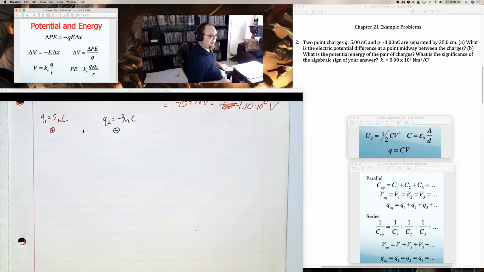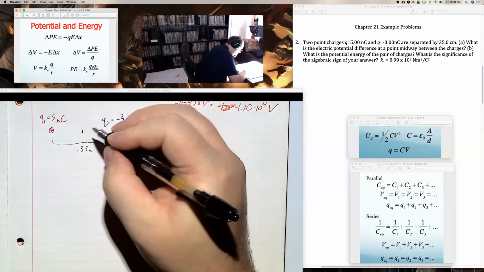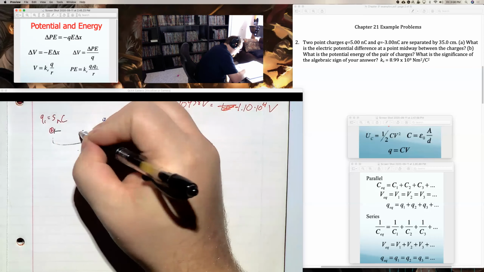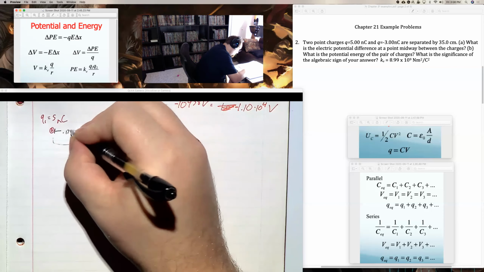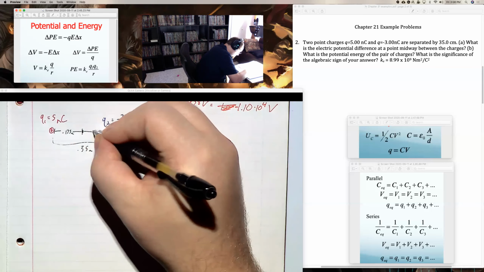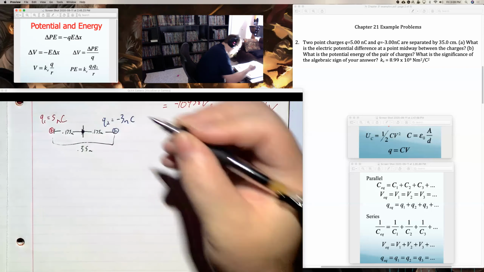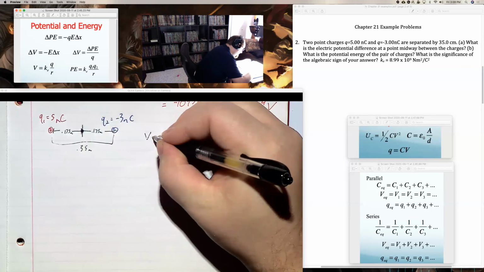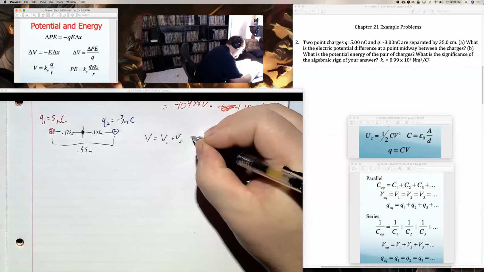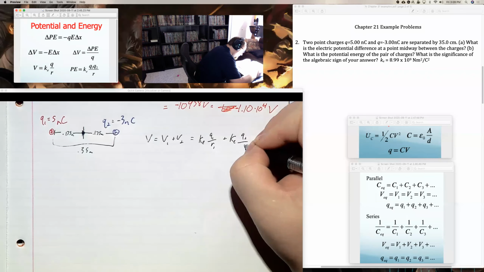Now, if I want to find that electric potential, if this whole thing is 0.35 meters, then from here to there is 0.175 meters. If I want to find the electric potential at that point, V is going to be V1 plus V2, or k_e Q1 over r1 plus k_e Q2 over r2.